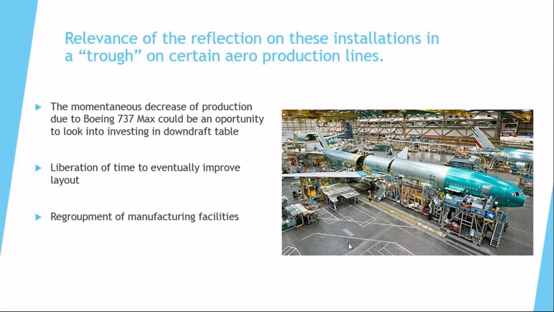So with some engineers or technicians that now have more time liberated to improve the layouts, to regroup manufacturing facilities, we can concentrate on some acceleration projects and see what the benefits of them are for our processes, and maybe think about new installations of downdraft tables or aspiration at source systems.